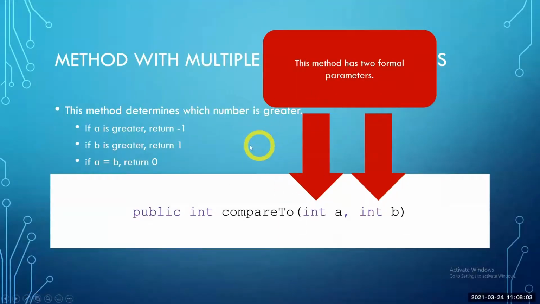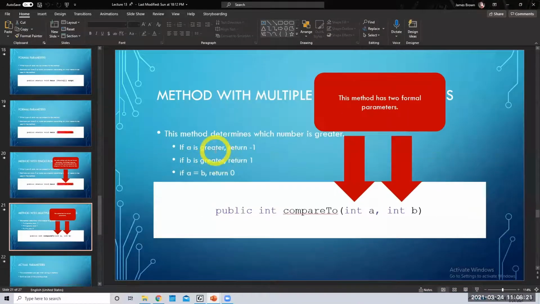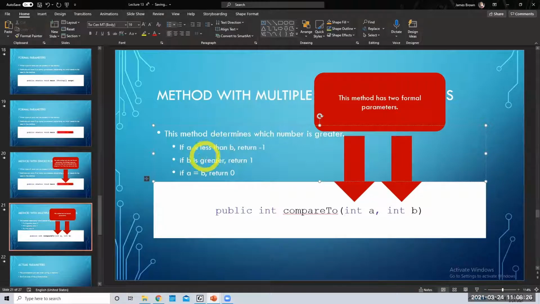So for this method, let's say if A is greater than B, return a -1. If B is greater, return a 1. If they equal each other, return a 0. This method is really good for comparing and sorting. Actually, instead of greater than, if A is less than B, return -1.